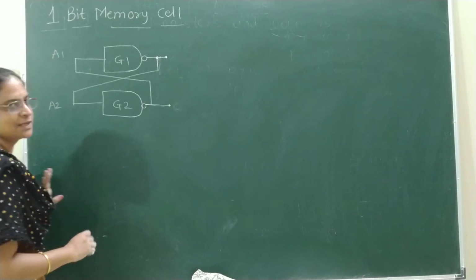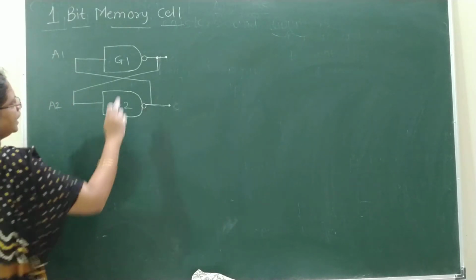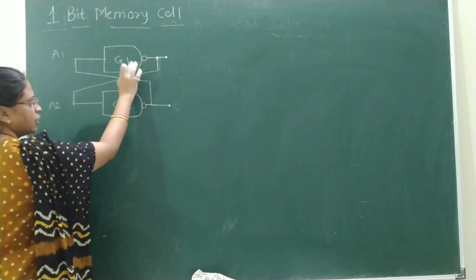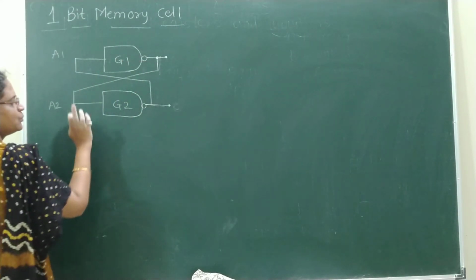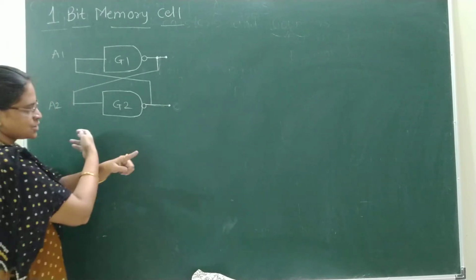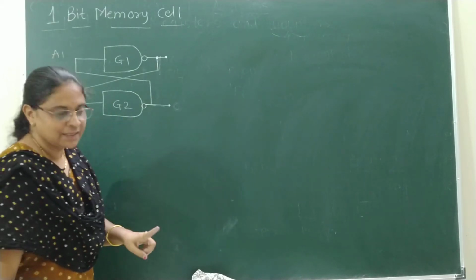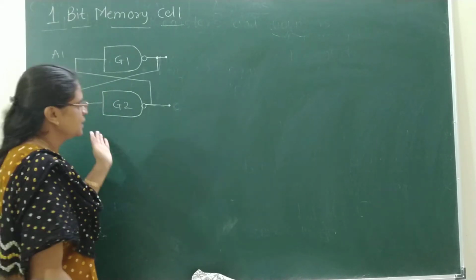Here are the 2 inputs labeled A1 and A2. But observe here, the output of any one gate becomes the input for the second. So let's assume we have 2 cross-coupled inverters, using 2 NAND gates as inverters.